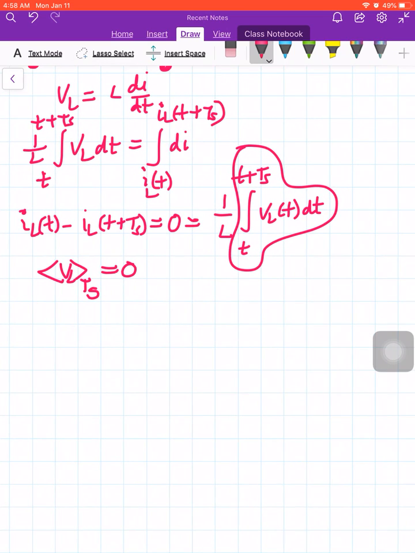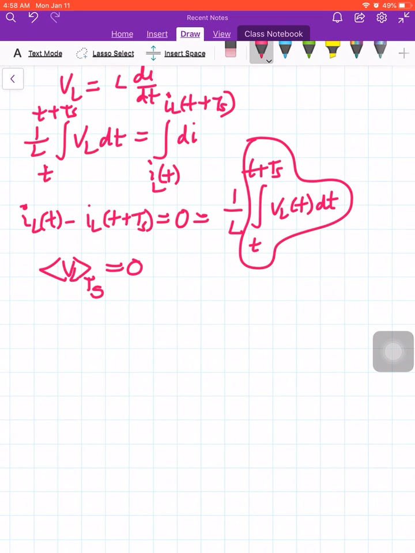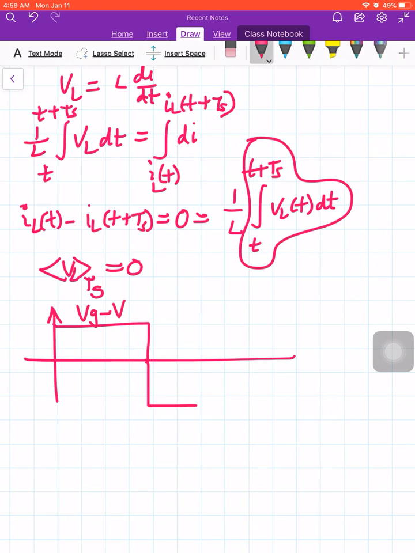So from the small ripple approximation, the inductor voltage is as follows. When it is turned on, it is Vg minus capital V. When it is turned off, it is minus V, right? And this is turned on for Ton, and this is turned off for Toff.